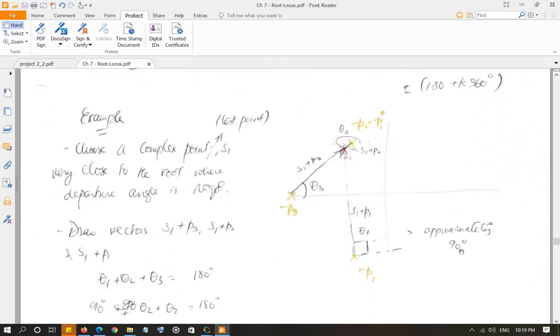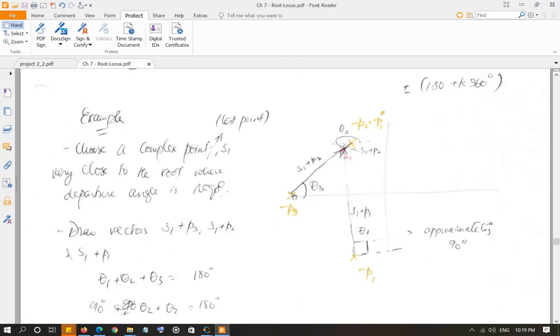What we do basically, if we do have some pole, let's say I have a pole over here and I have a pole over here, complex conjugate, we choose a point extremely close to one pole, just take one pole. We choose a point extremely close to that pole such that we assume it is the pole.